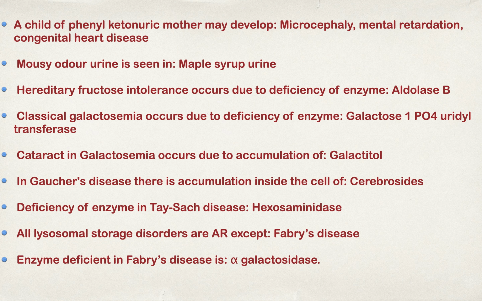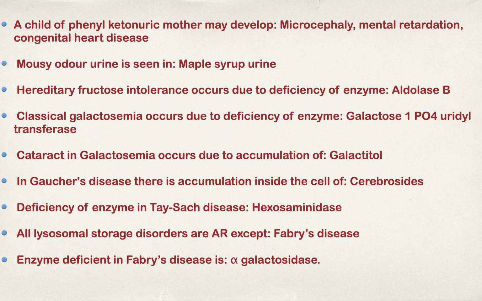The child of a phenylketonuria mother may develop, what are the abnormalities that a child is more prone to develop when the mother has phenylketonuria? So, microcephaly, mental retardation, and congenital heart diseases, these are the things that a child may develop. Now, mousy odor urine is seen in phenylketonuria.